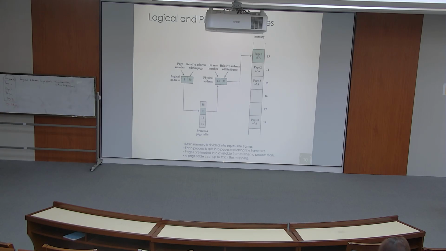Now, with the physical address, because each page needs to be loaded into the main memory into a specific frame, to get the physical address mapped to this logical address, we have the frame number in which the page is loaded. We have page number 1, which is loaded into frame number 13, and then we have the relative address within the frame, which is 30. Then we can get the physical address for the logical address.